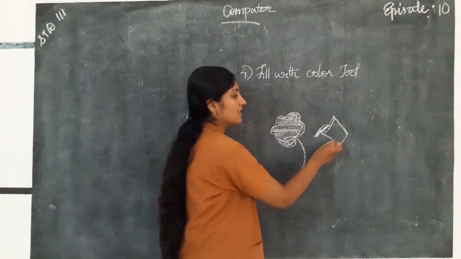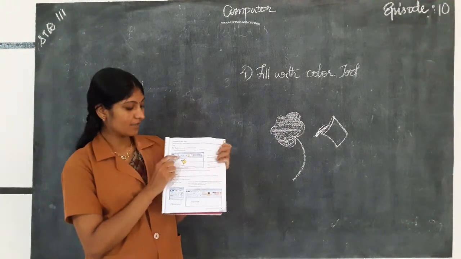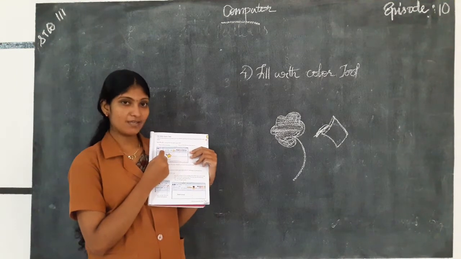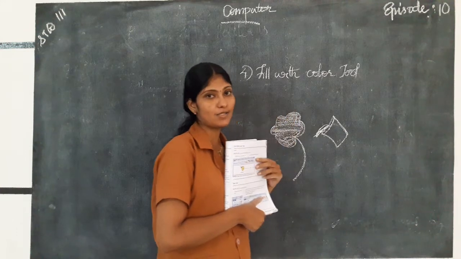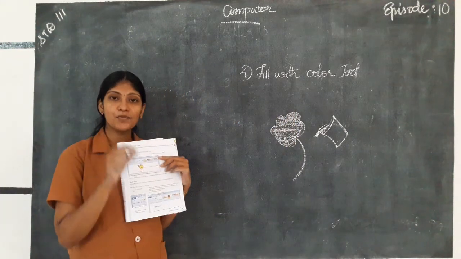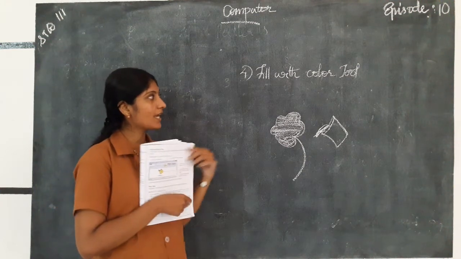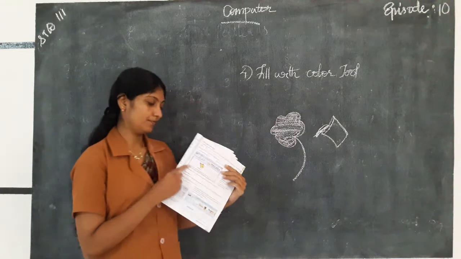What is the name of this tool? Fill with the color tool. So here you can see a bucket overflowing some paint. That means if you want to paint or fill color, you can use which tool? Fill with the color tool.